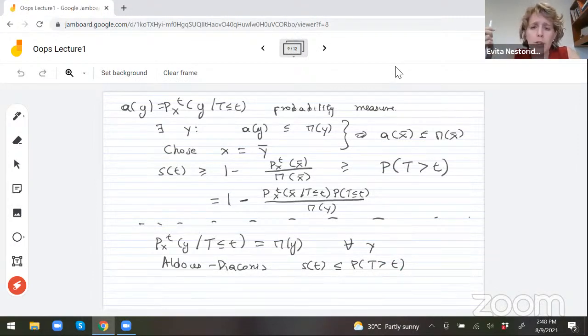The reason why I showed you this argument and not Phil's argument is because, as I said, it can be generalized more easily, and it doesn't use any knowledge of the stationary measure, which is rare when we're talking about separation distance. It just uses that it is a probability measure.